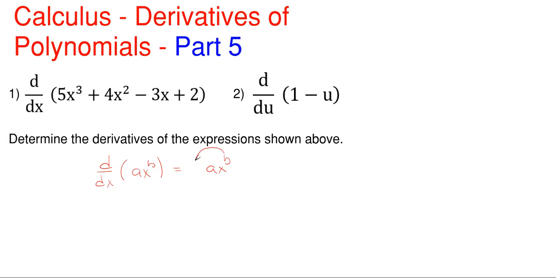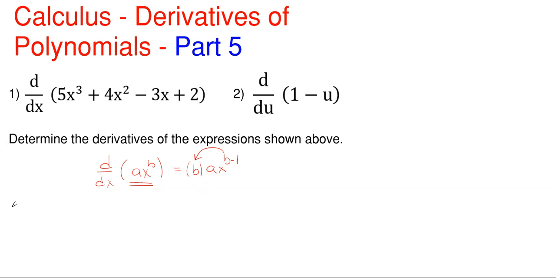That power is going to drop in front of everything, and you're going to multiply through by it. And then the power is going to subtract by 1. So in most cases, our expression will not be set up exactly like this, so we have to turn it into something like that.